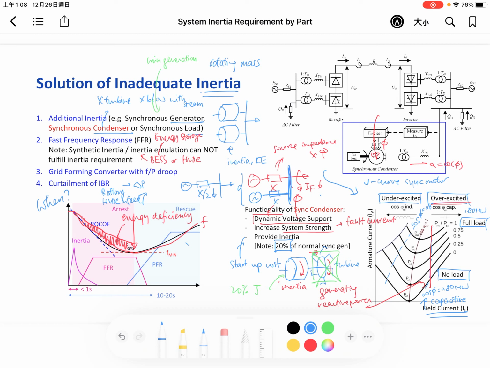The note is that synthetic inertia emulation and also virtual inertia cannot fulfill the inertia requirement because it's not inertia anyway. What we mean by synthetic inertia is that in the control loop of the battery energy system, or the HVDC input, we actually include a block, which is a Js square or something like that.